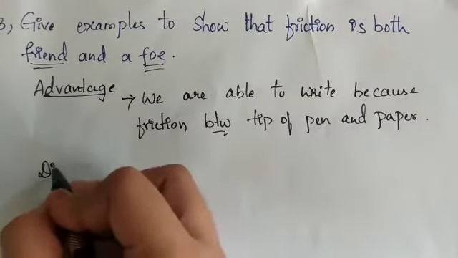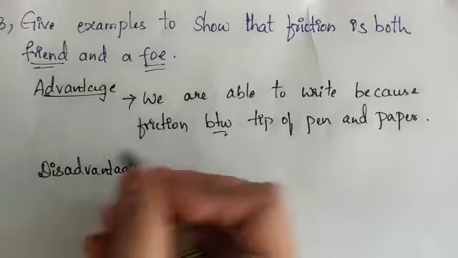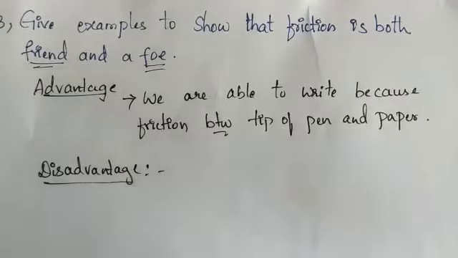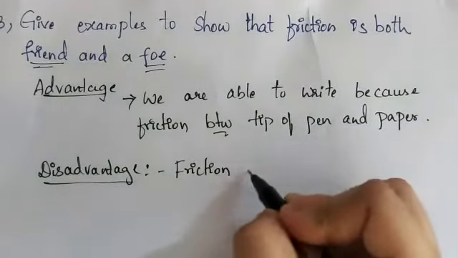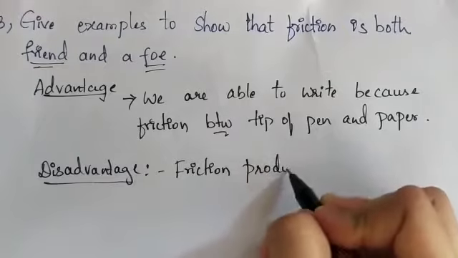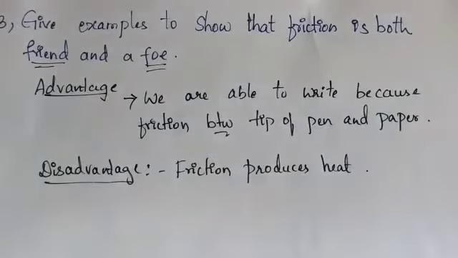Next, the disadvantage. What is the disadvantage of friction? Friction produces heat, isn't it? Due to the interlocking, friction produces heat between different parts of a machine.